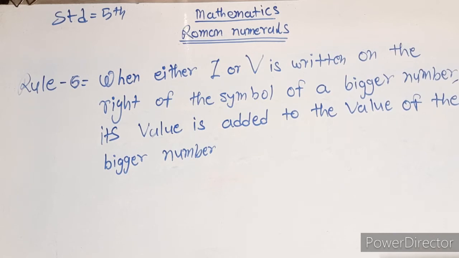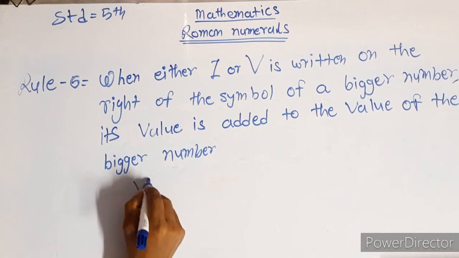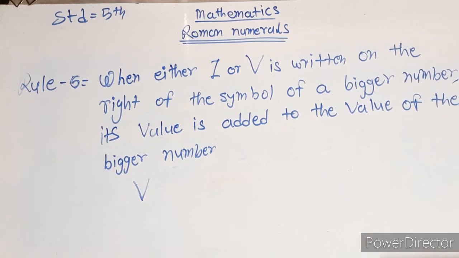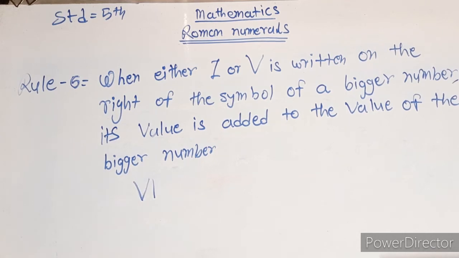Listen again. The addition case means the smaller value symbol written after the greater value symbol, their sum they make. For example, V is the bigger symbol and I is the smaller.